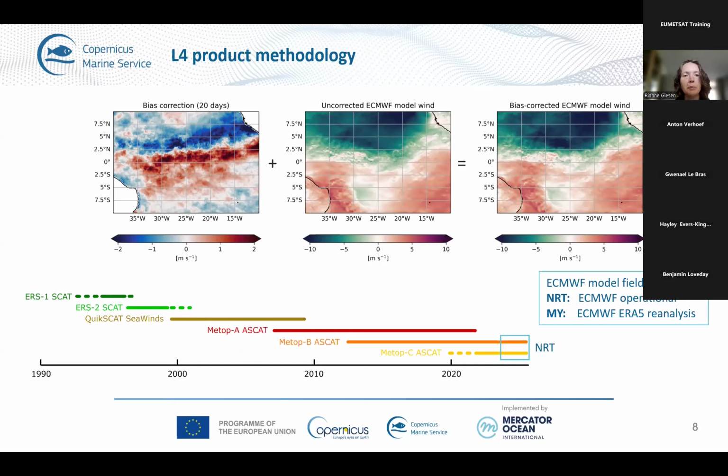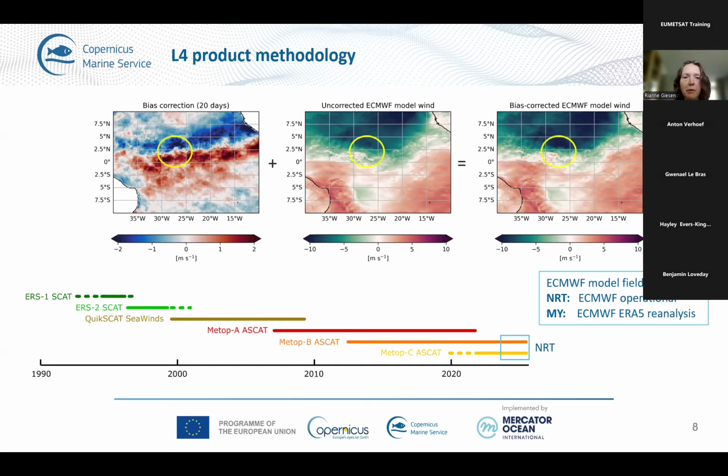So what we do is we calculate this bias over a sufficiently long period to remove any sampling effects, in this case 20 days, and then we add this bias to the original ECMWF model field, and then we end up with a bias corrected model field.